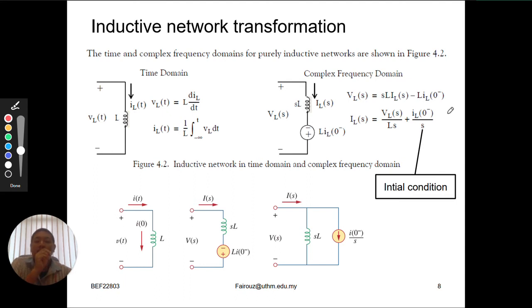So we are going to analyze the circuit after 0, from 0 and above, right, after that. But we need to know if the inductor has current at 0, because we have to consider that as initial condition in the analysis.